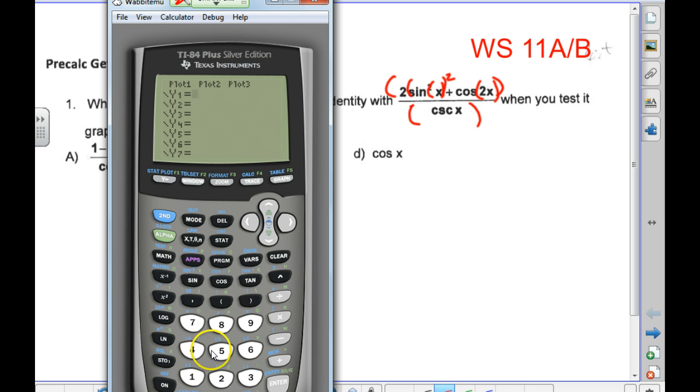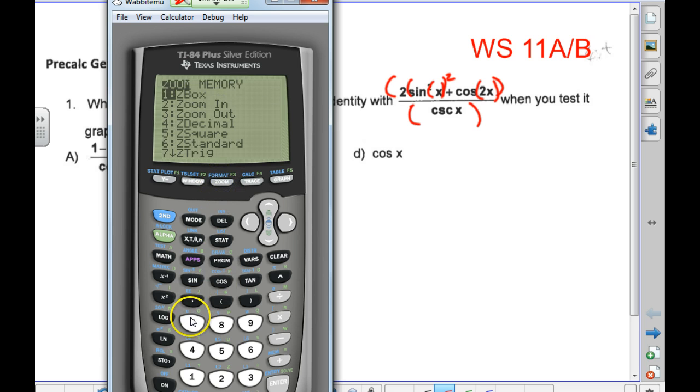And I'm going to start with a parenthesis, 2 times parenthesis sine x close close squared plus cosine 2x close, and then close the whole top of the fraction, divided by, and I'm going to put a parenthesis even though I don't need it, but cosecant is 1 divided by sine x, close, close, to close off that whole denominator.